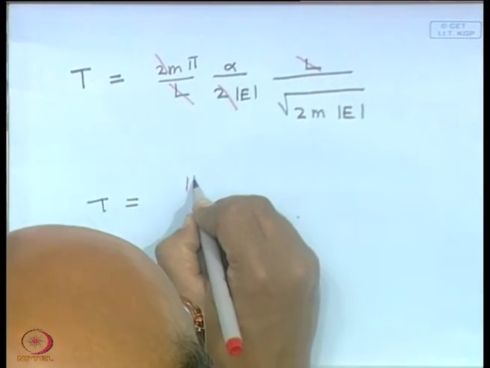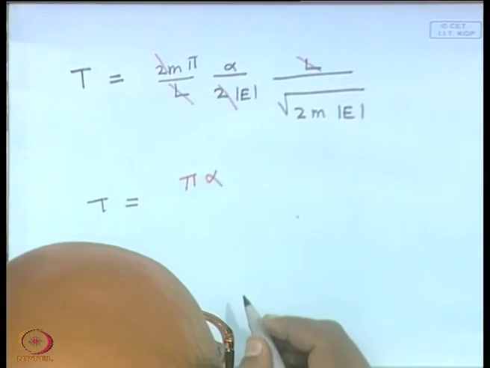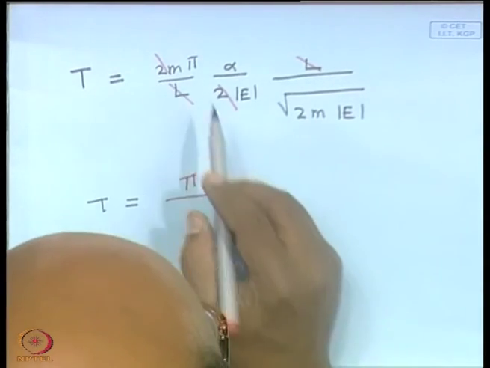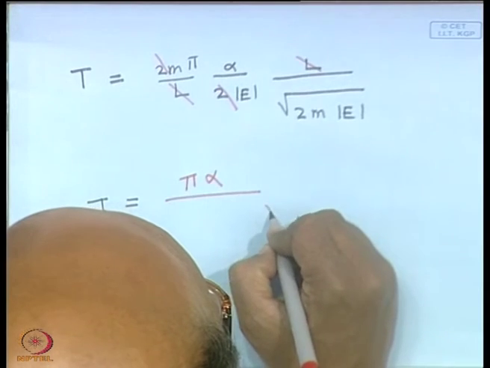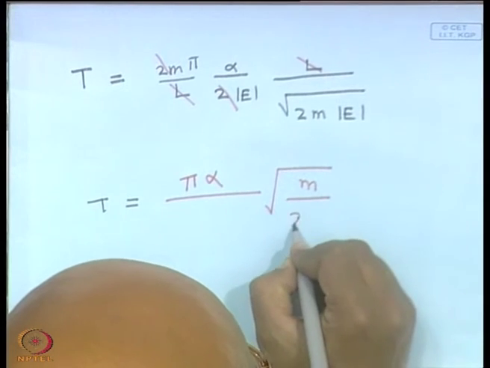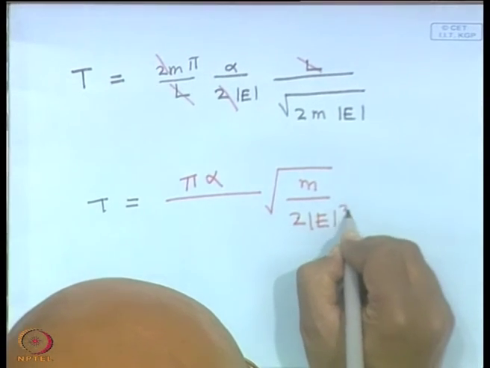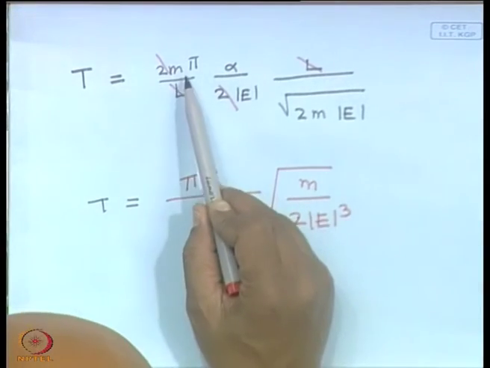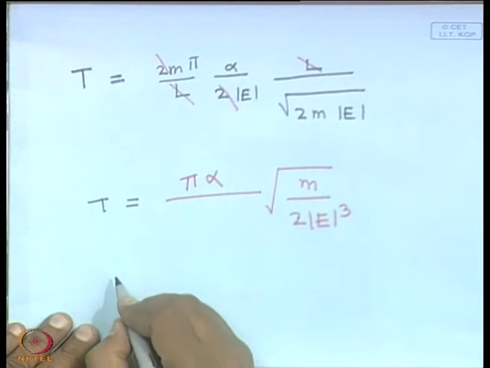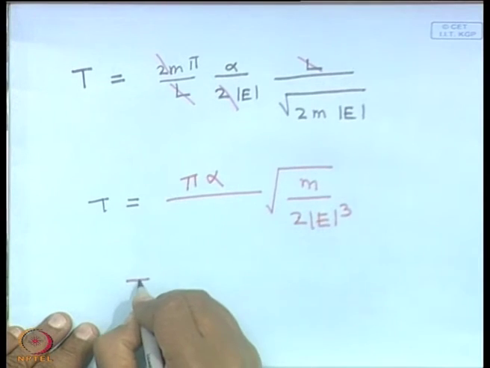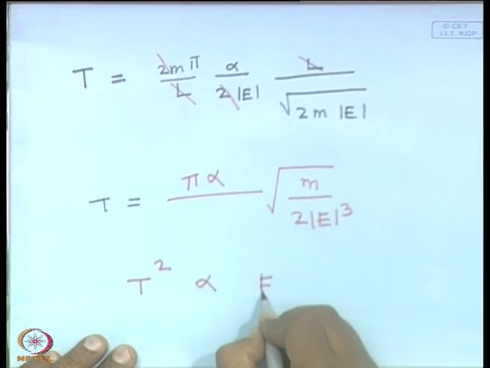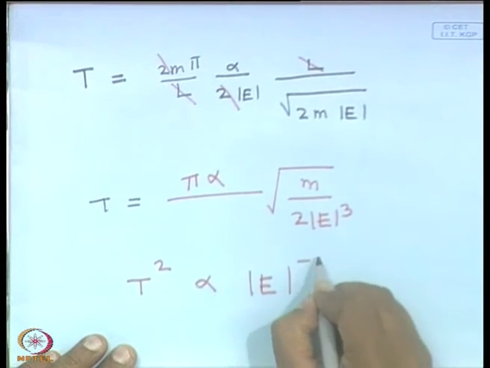So, I have pi alpha divided by mod E cubed into the square root of m by 2, right. So, this is what we get, or the bottom line of this is that T squared is proportional to 1 by the energy cubed.